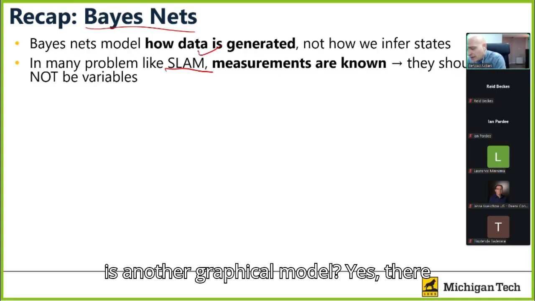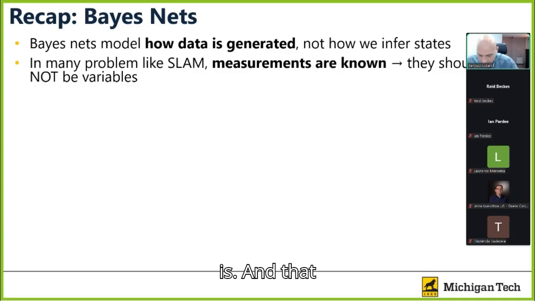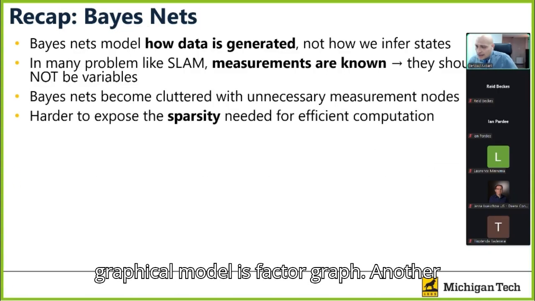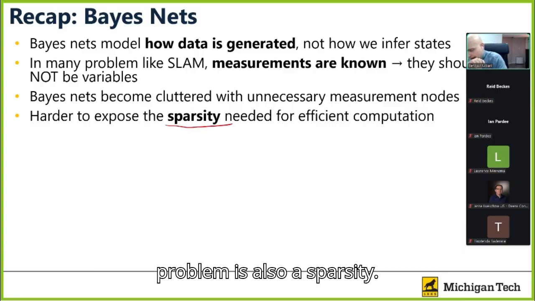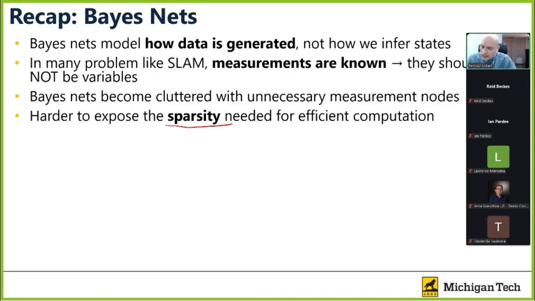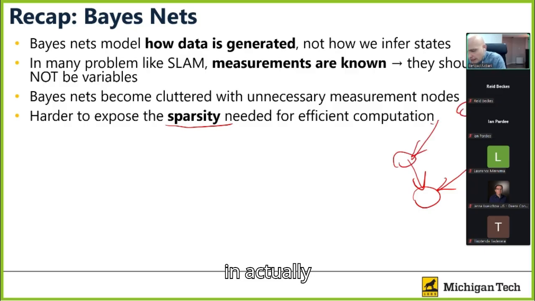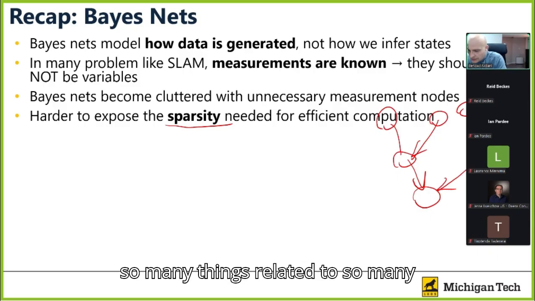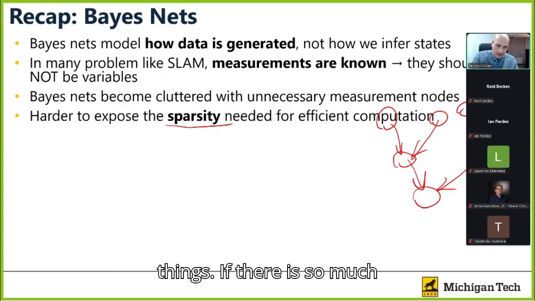Is there another graphical model? Yes, there is. And that graphical model is the factor graph. Another problem is also sparsity. In Bayes net, so many things are related to so many things.